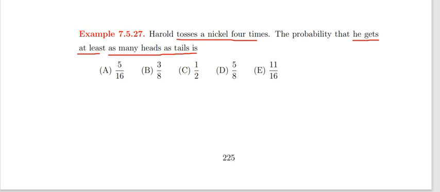So we can say, let's say head, tail. So we just listed all cases. At least he gets at least as many heads as tails. So this means heads should be larger than or equal to tails, right?